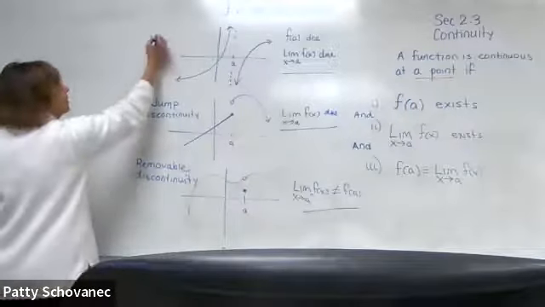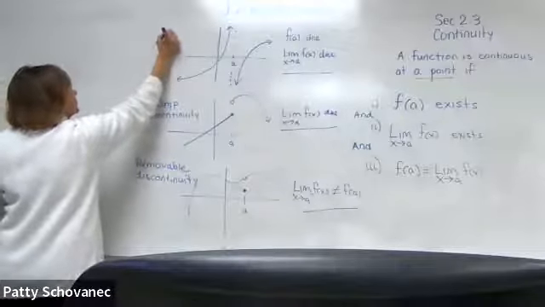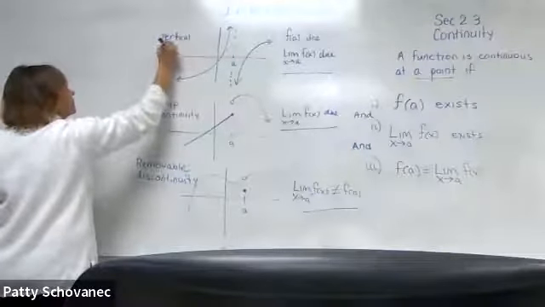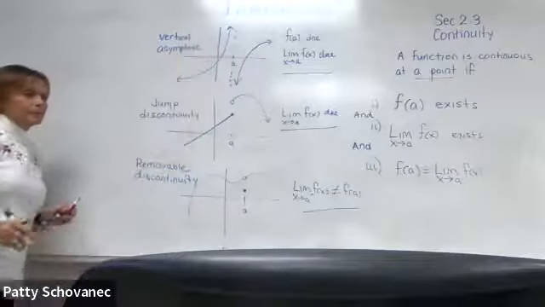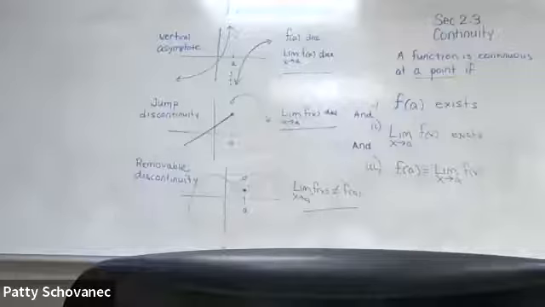And this one, let's just call it a rip, or a vertical asymptote. So a function will have a discontinuity if it has something like one of those three things.